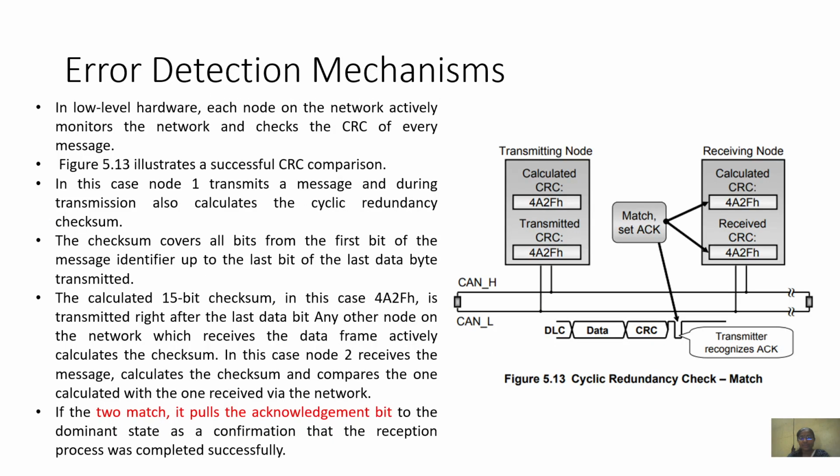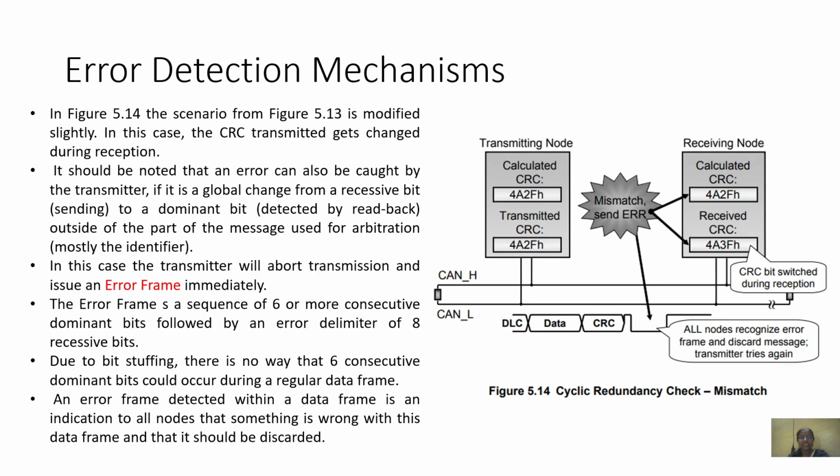The calculated 15-bit checksum in this case is 4AF2F. Both the calculated and received cyclic redundancy checks are the same, so the receiving node sends the acknowledge signal. The transmitter recognizes the acknowledge signal, and once it is received, the transmission process has completed successfully.